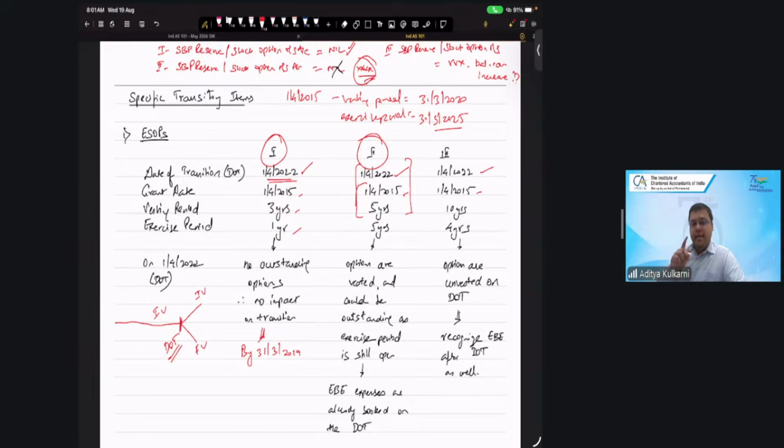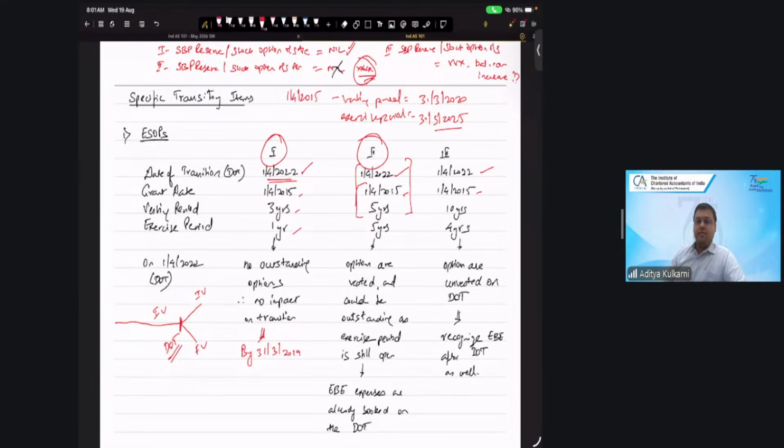There is overwhelming evidence that this employee benefit expense is booked at intrinsic value. There are no two doubts about it. The Ind AS regime requires it to be at fair value.